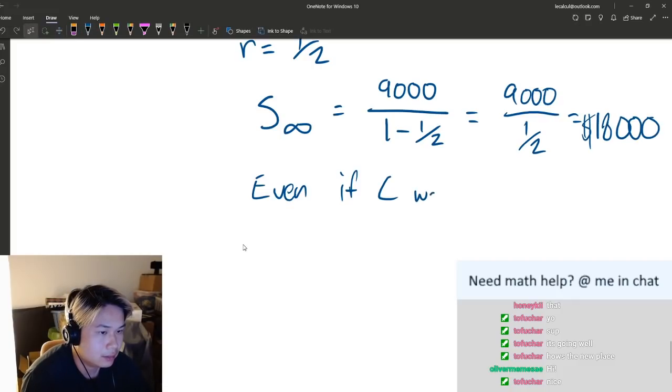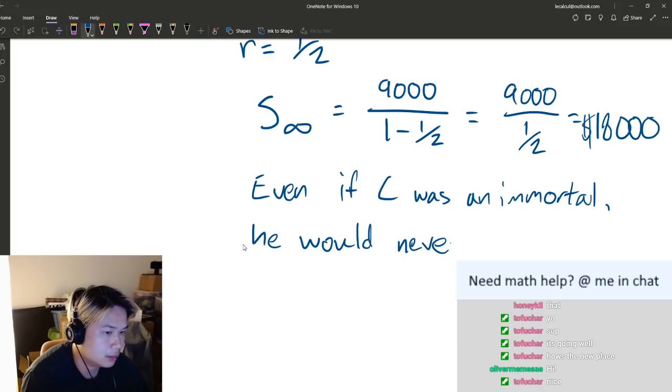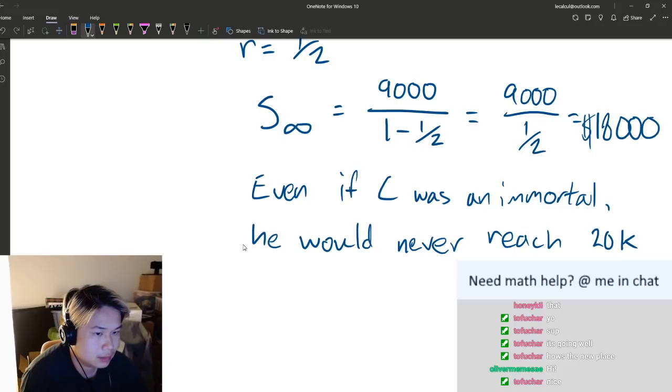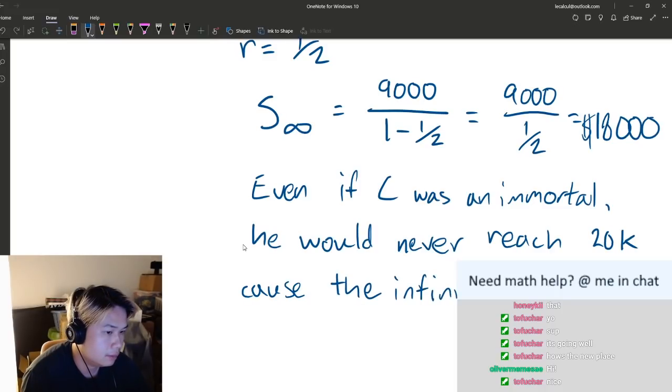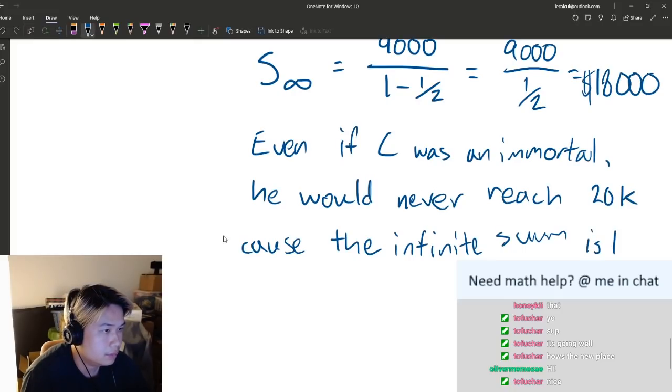Even if C was an immortal, he would never reach 20K, because the infinite sum is 18K.